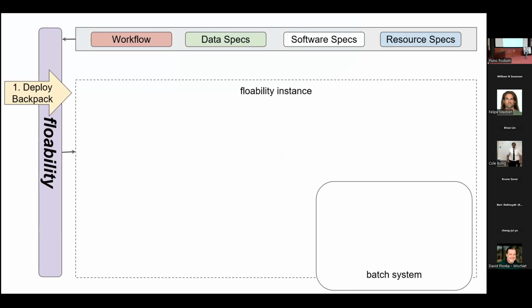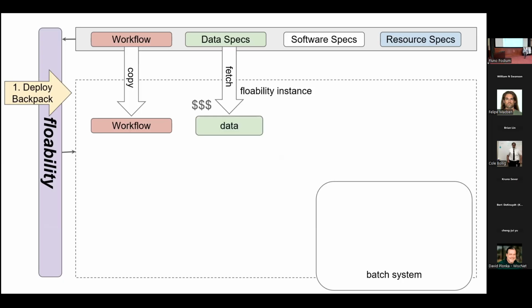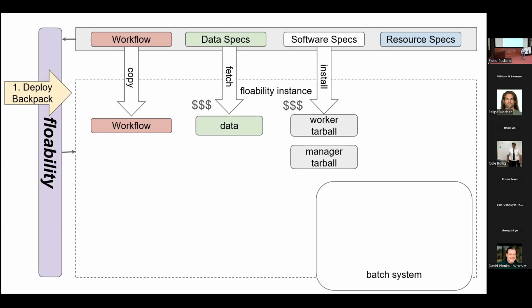All right, so the user's going to say, hey, please deploy this backpack. And so we begin by taking all of these things out of the backpack. The backpack's immutable. So we pull out the workflow and we pull out the data specification. There's a little cache there to indicate that this is a thing we may already have, so if you run similar workflows, you don't keep downloading the same stuff over and over again.